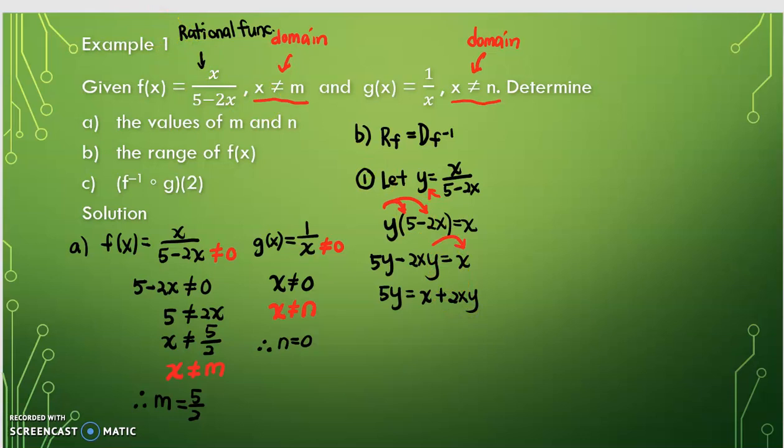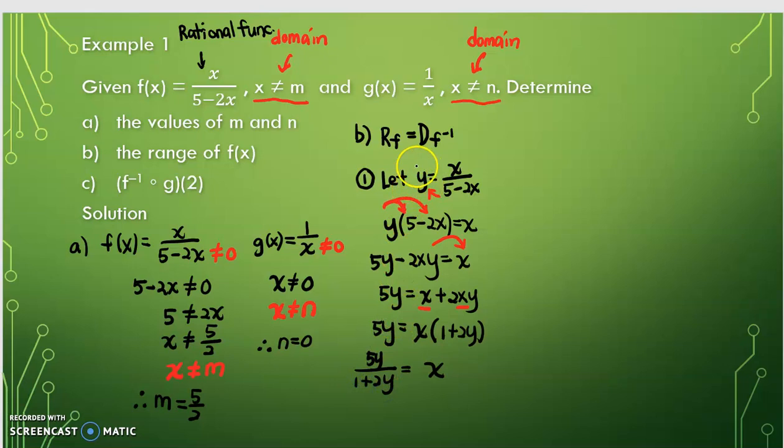Since we want to solve for x, starting from y, we will end with x. So here I have x. What I do in the next step will be to factorize the x. So in the bracket, 1 plus 2y. Finally, x will be equal to 5y over 1 plus 2y.